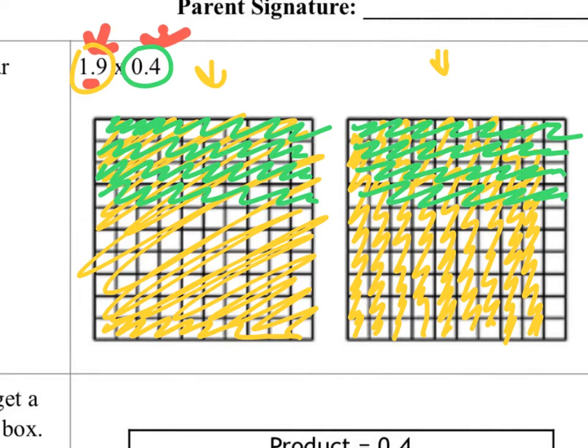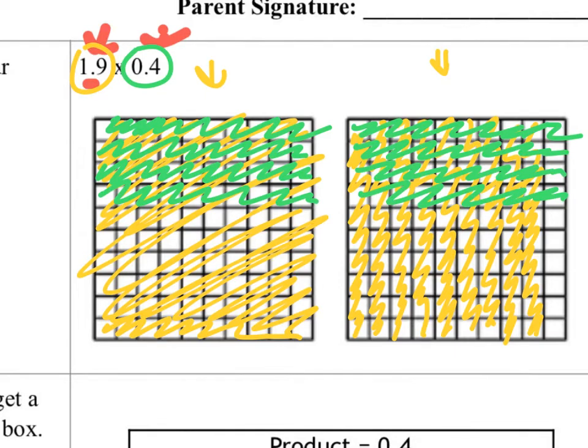So I did 4/10, or you can say 40 hundredths, across both grids. If you have 3 grids, you will go over 3 grids. If you have 4 grids, you go over 4. If you have only 1 grid, you go over 1. In this case, I did both because I'm multiplying the 4/10 with the 1 whole, and I'm also multiplying it with the 9/10.